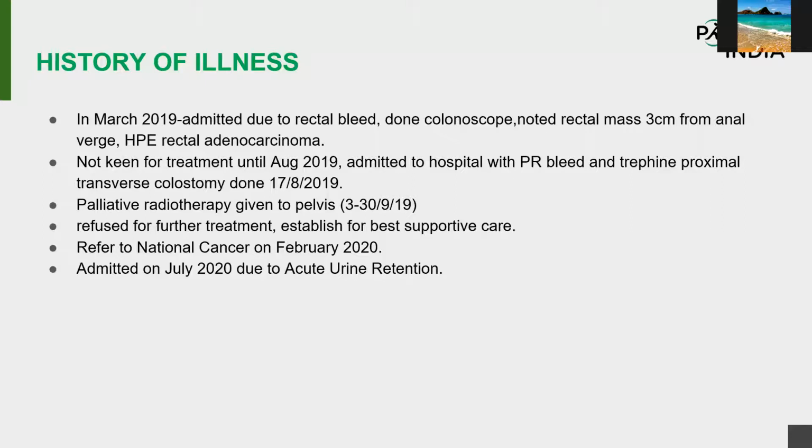Then the patient had palliative radiotherapy to the pelvis, because of radiating pain to the pelvis, on the 30th of September 2019. After that, the patient refused further treatment, was established on best supportive care and referred to us in February this year, 2020.